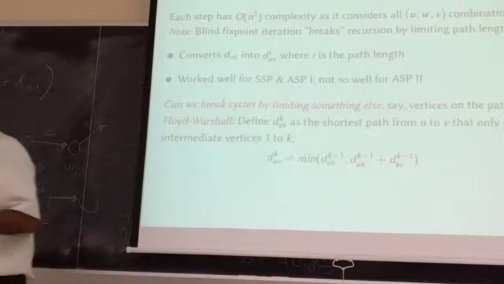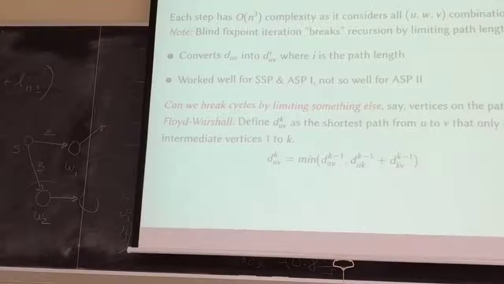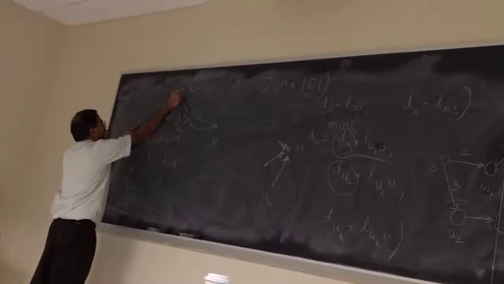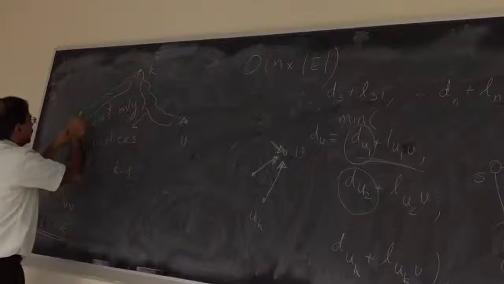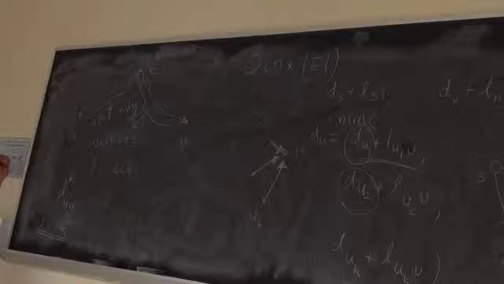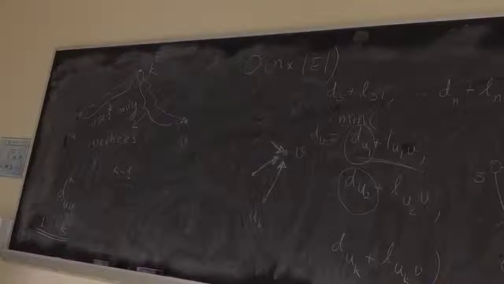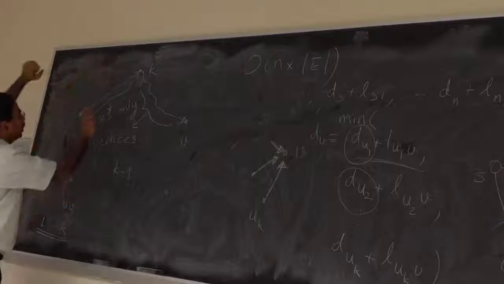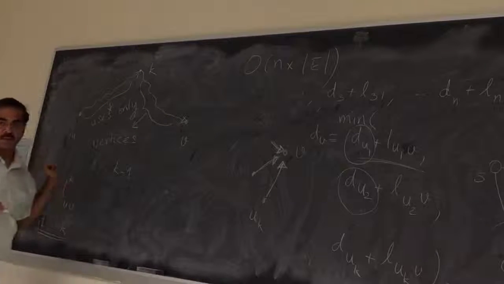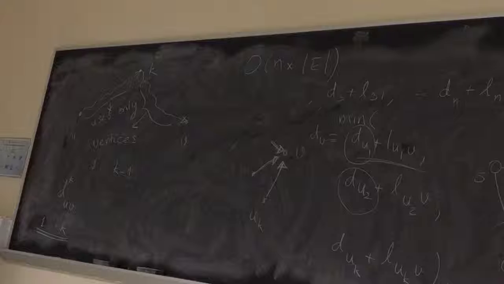Okay? Or the shortest path must go through k. In that case, you need to somehow get from u to k and then from k to v. Okay? And since this whole path contains only 1 through k, and since k is already here, right? So this path and this path should use only vertices 1 through k minus 1. Right?